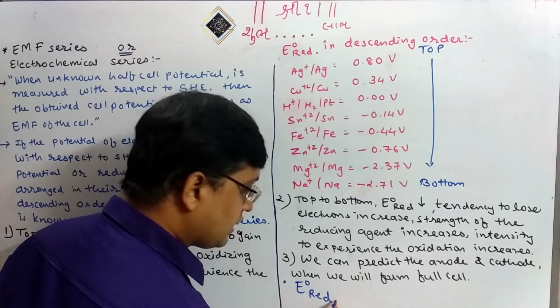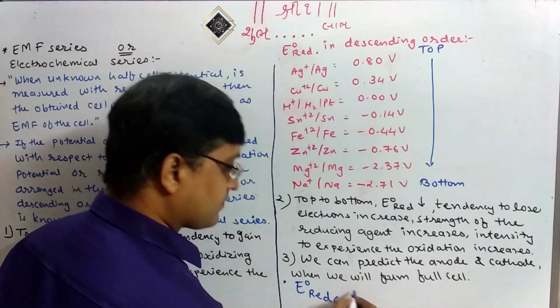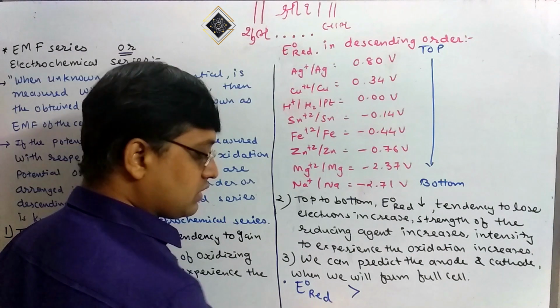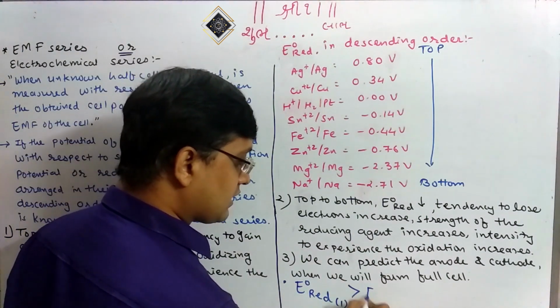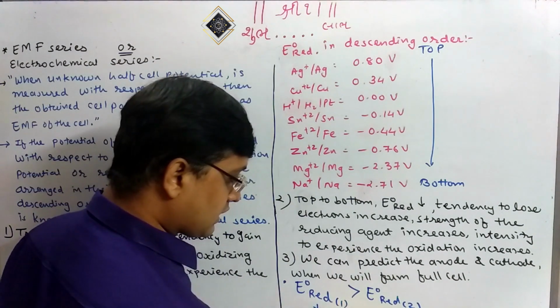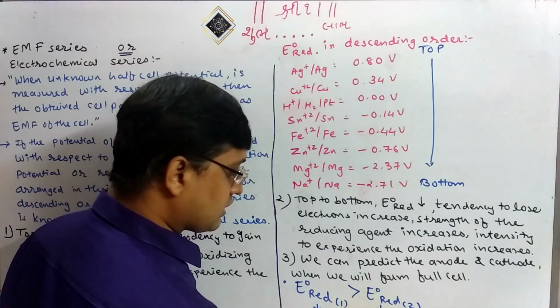In general, if we have two half cells and the reduction potential of one is higher than the other, then the one which has the higher potential works as cathode and the other works as anode.